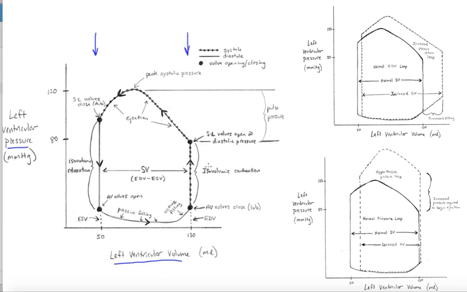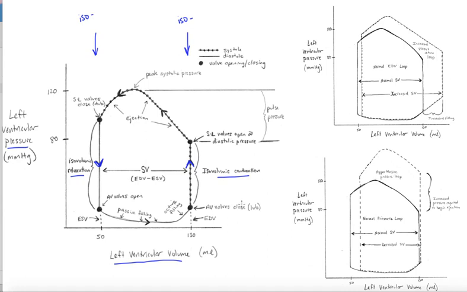That would be where the volume is fixed but the pressure is changing, because on this side we're going up and on this side we're going down. Those are the points where we are isovolumic, and they're already labeled here: isovolumic relaxation when our pressure is falling, and isovolumic contraction when our pressure is rising.